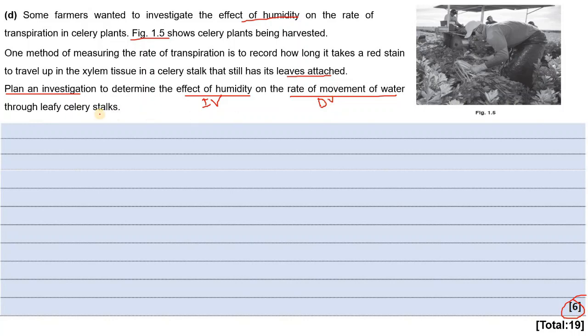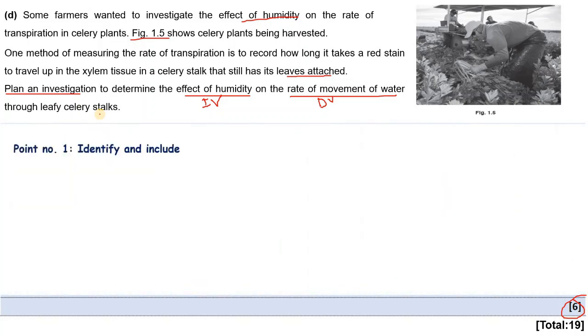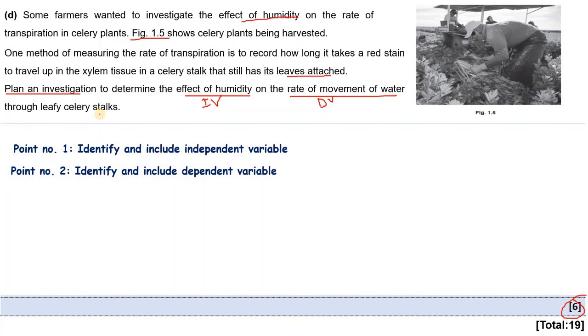To start the investigation question, we need to follow some basic points. Point 1: identify and include the independent variable. Point 2: identify and include the dependent variable. These two variables we have already identified.